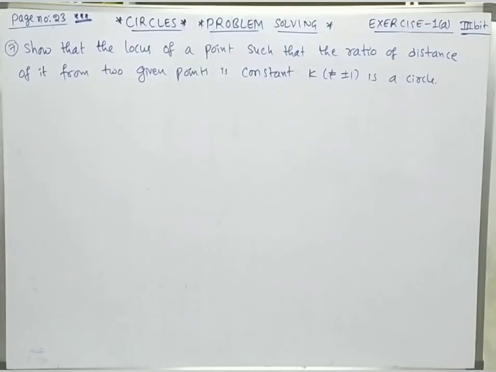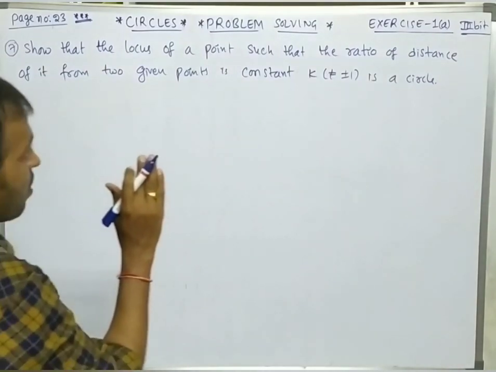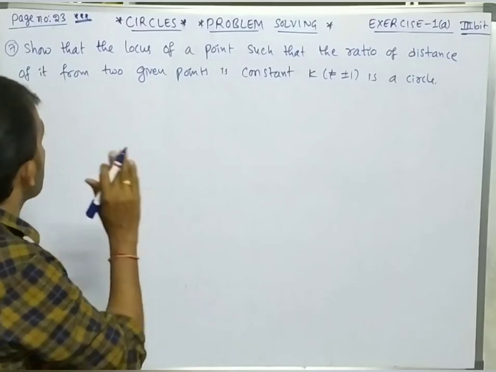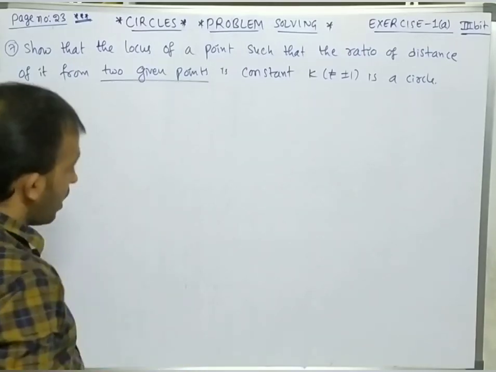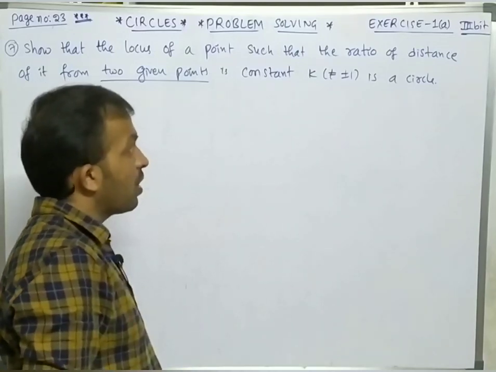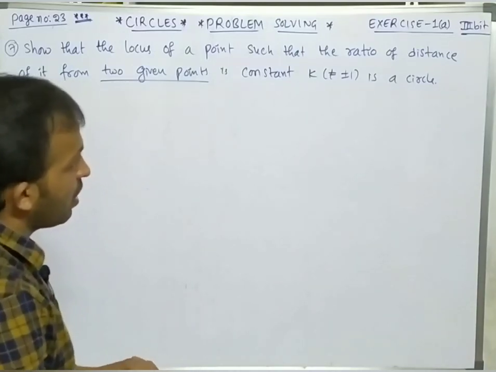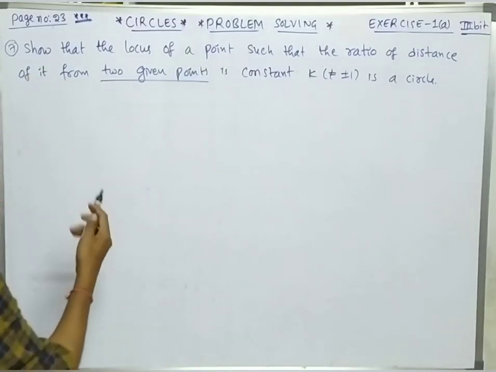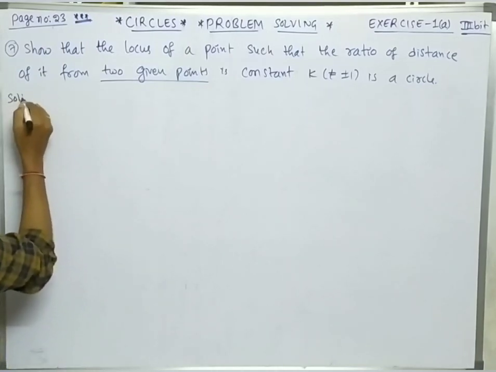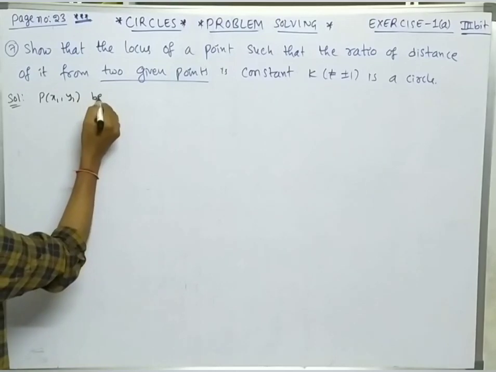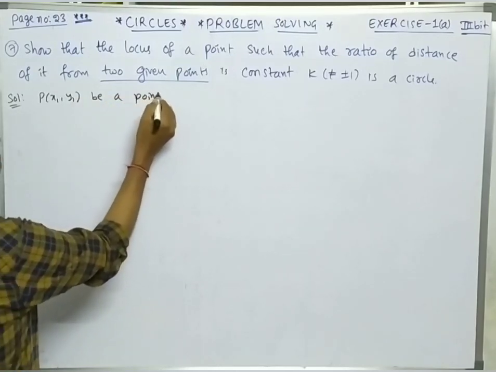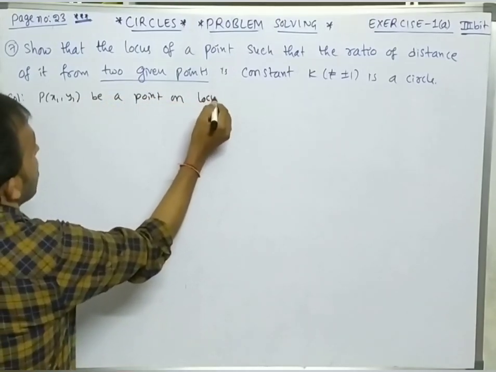Last problem: show that the locus of a point such that the ratio of its distances from two given points is a constant k, which is not equal to plus or minus 1, is a circle. So let us take P(x1, y1) to be a point on the locus, right?